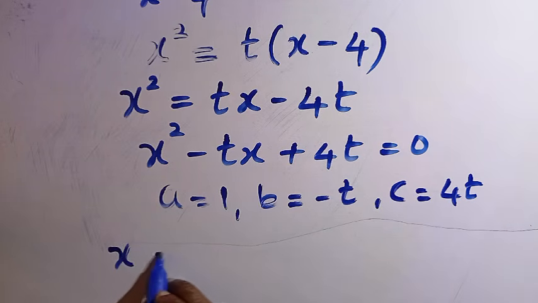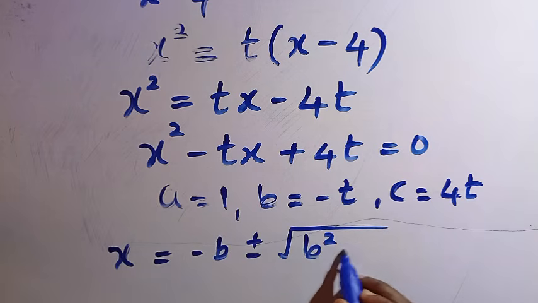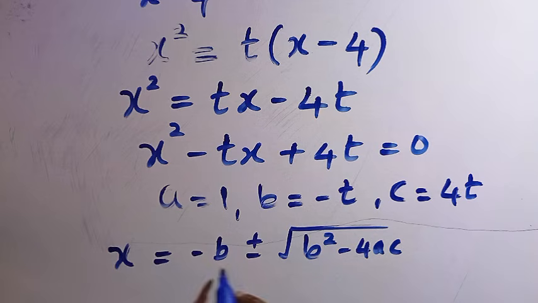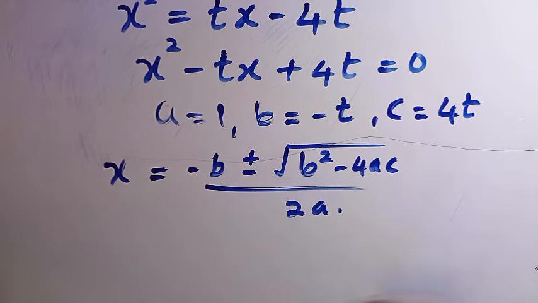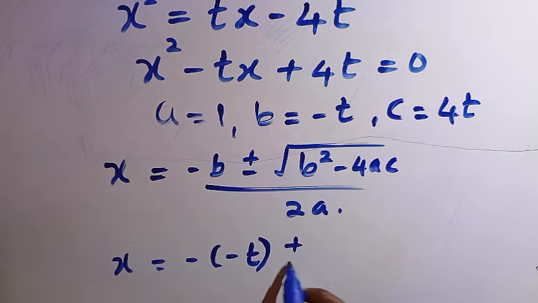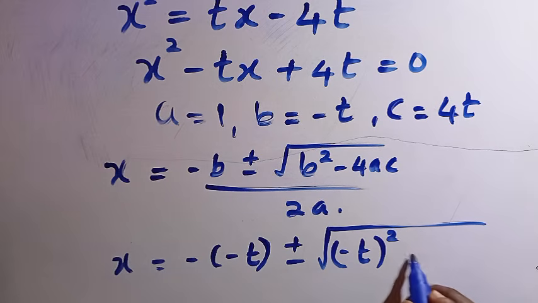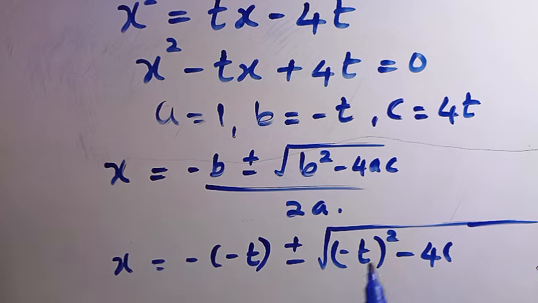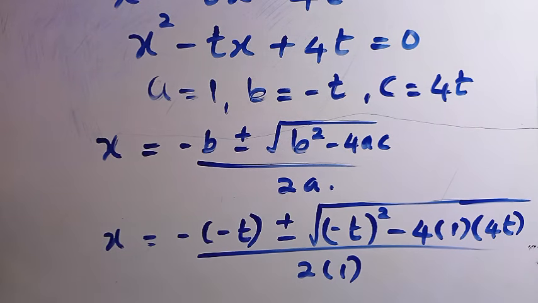The formula is x equals minus b plus or minus the square root of b squared minus 4ac, divided by 2a. By substituting all these parameters in this formula, we have x equals minus bracket minus t, plus or minus the square root of minus t squared minus 4 into bracket of a is 1 and c is 4t, all divided by 2 multiplied by 1.